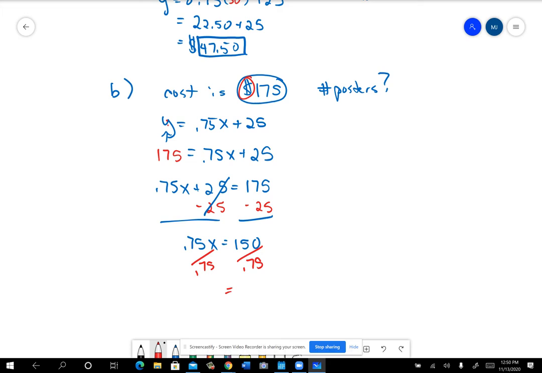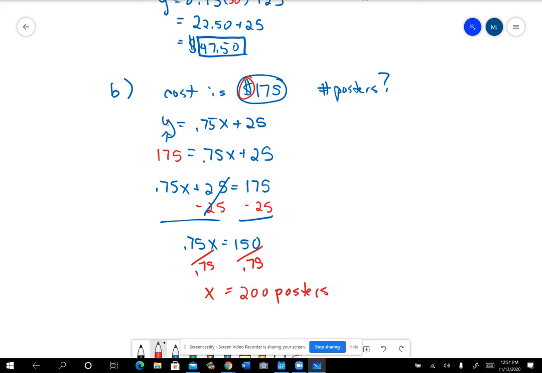It'll tell us how many posters we can do for 150. We know it's going to be a good number because earlier 30 posters only cost us $47.50, so it's going to be much bigger than that. When you do that, X is 200, so that means 200 posters.